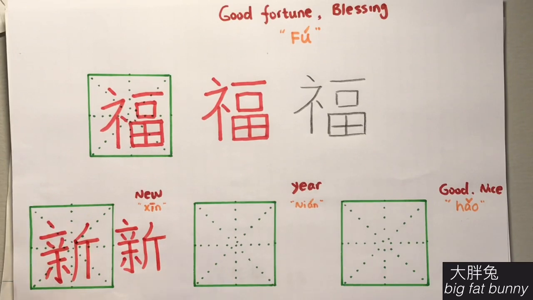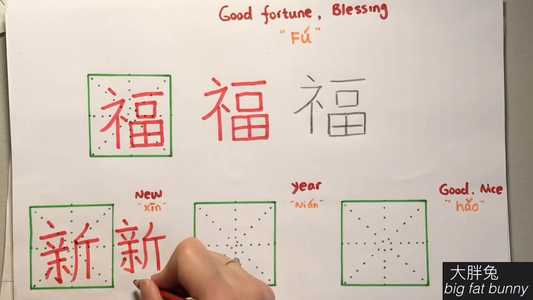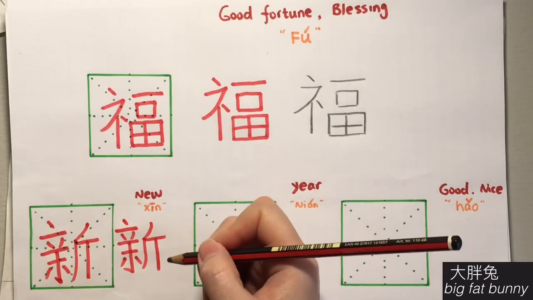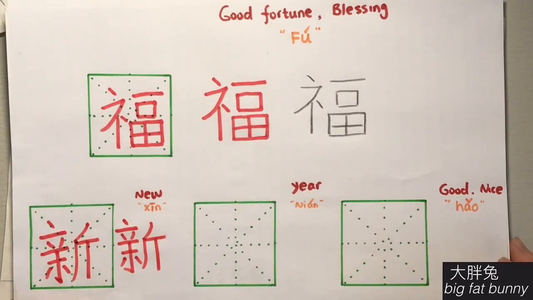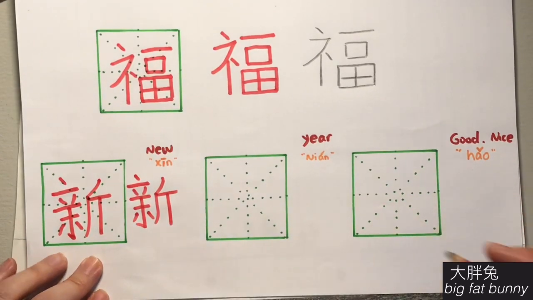Okay, a bit difficult. But after you write it about 50 times, I'm sure you can remember. Let's write again in pencil, shall we? Oh, don't have enough room. Move up a bit.